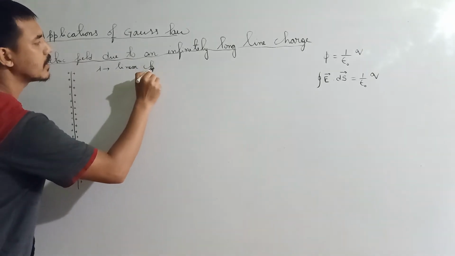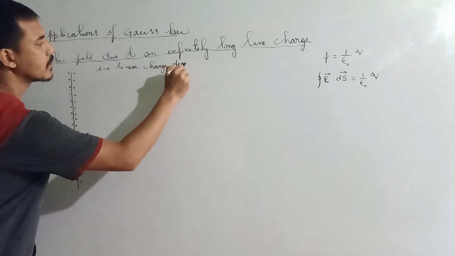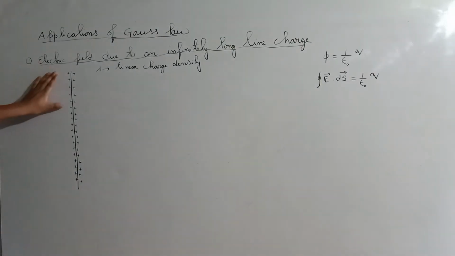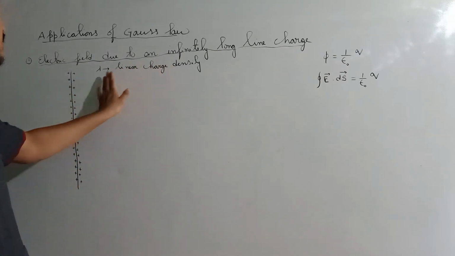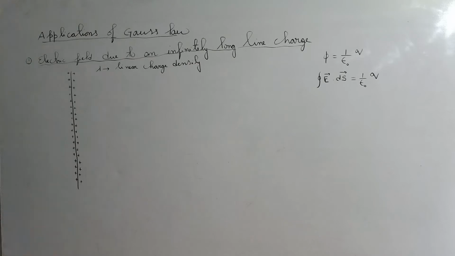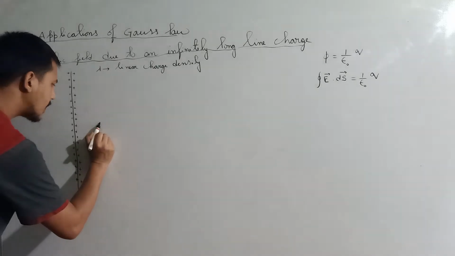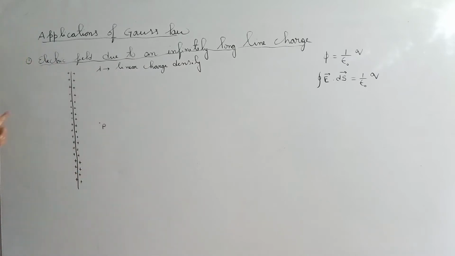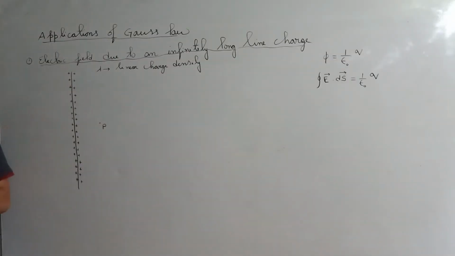Okay, linear charge density. So consider an infinitely long straight line charge having linear charge density lambda. Now, suppose you consider any point P here at some distance from this line charge, and I want to find out what is the electric field at this point due to this line charge.